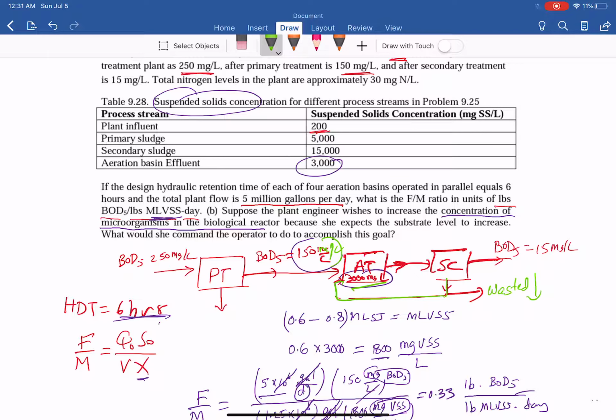Which means you are increasing the solids retention time. So you should tell him to increase SRT, or tell him don't waste much, or increase the recycling of activated sludge.